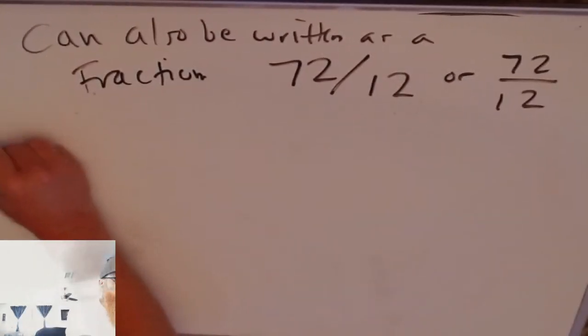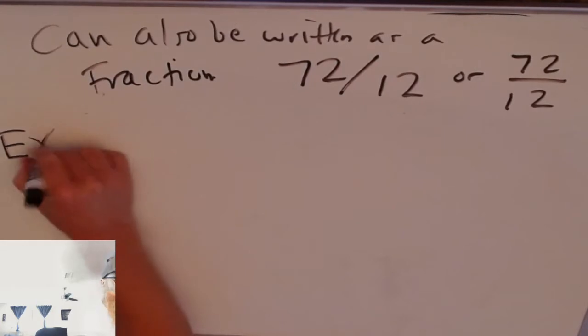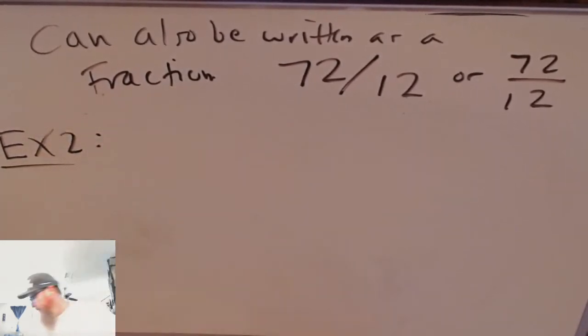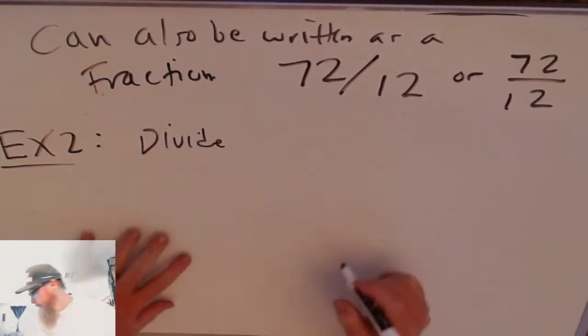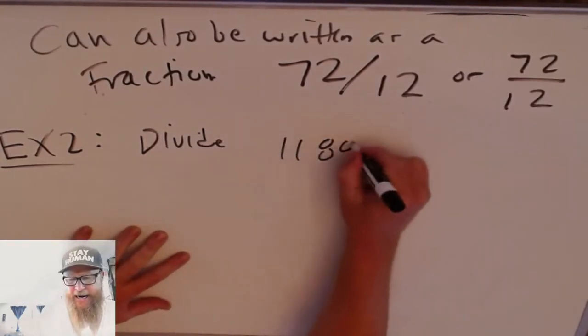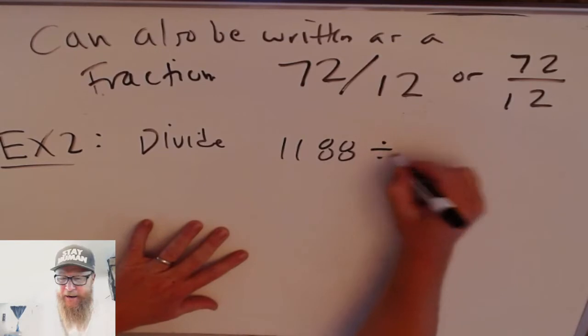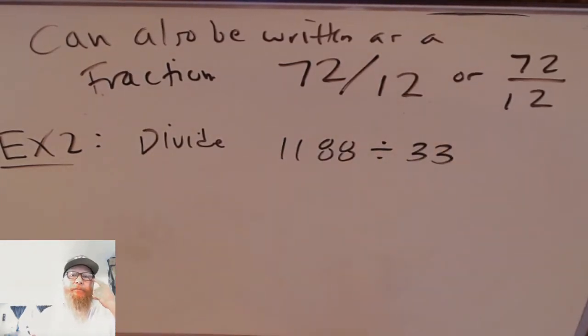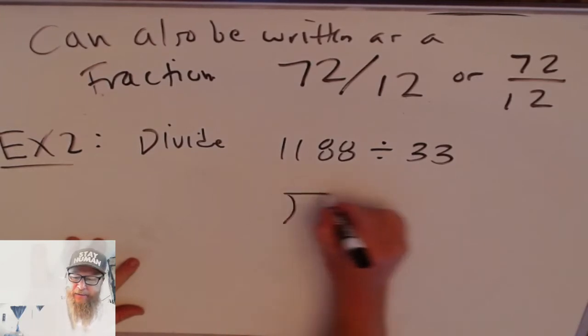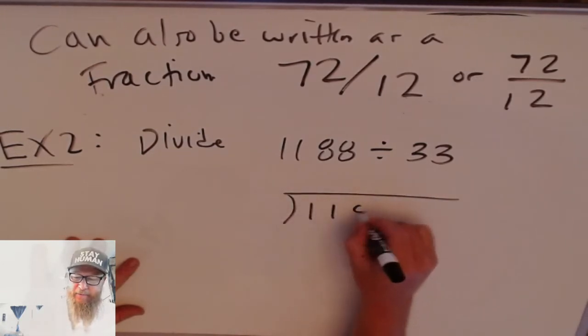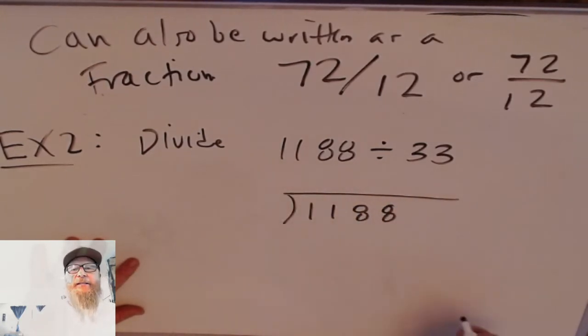Let's do some more complicated examples like you might see in the homework. So let's divide 1188 by 33. I can't do that with mental math. The dividend is 1188.